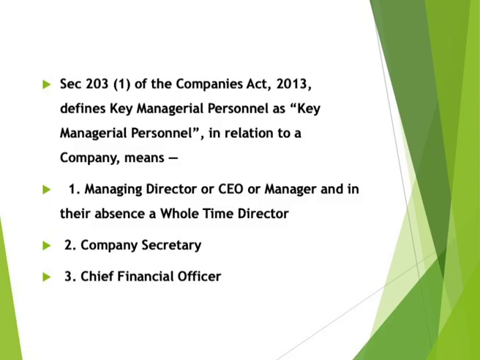Then we have the company secretary, then the CFO, that is the chief financial officer. This is the order of their roles one by one. First the manager or the CEO, then the KMP, that is the company secretary, then the chief financial officer. Then what is the role of the company secretary?